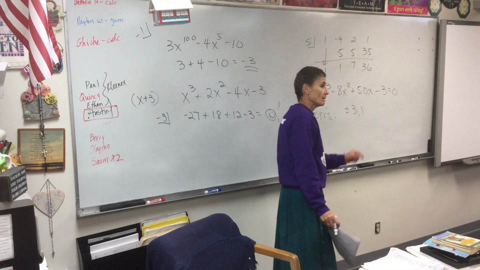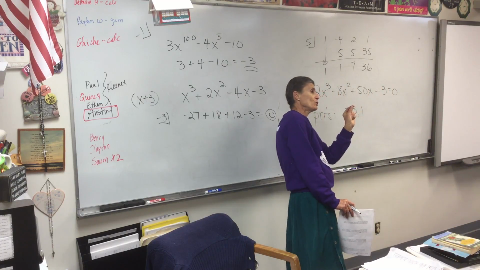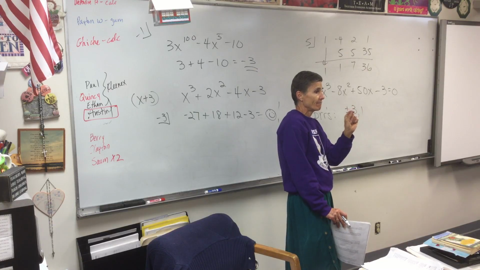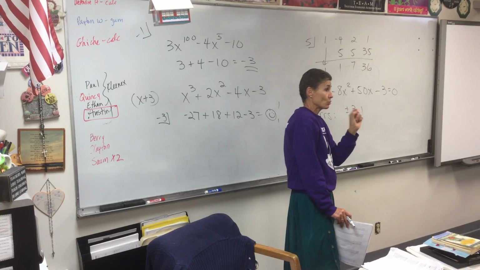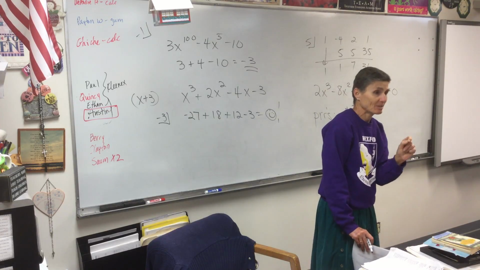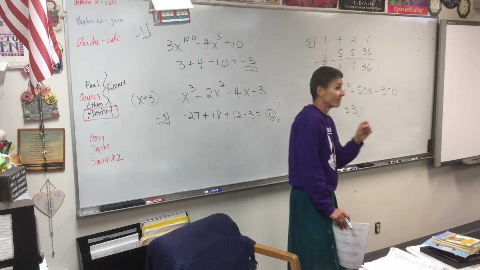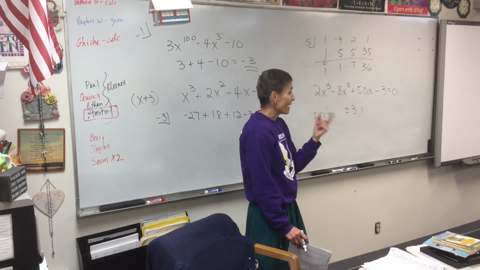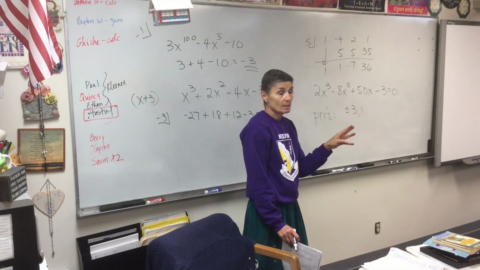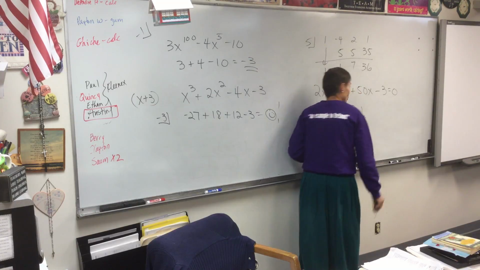Now, as I'm grading your quizzes in all the classes, I'm noticing some of you are using factorials and not factors. 3 factorial is 3 times 2 times 1. 2 is not a factor of 3. A factor of 3 is a number that divides into it evenly. So the factors of 3 are 3 and 1. That's it. And the factors of 2 are 2 and 1.